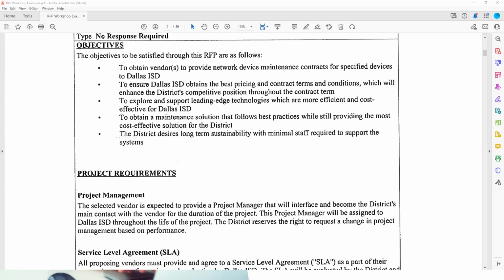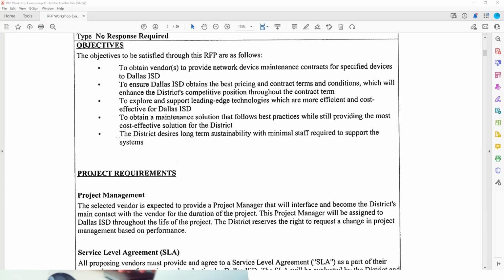Because the core of Dallas ISD is to support and educate students. That's the core of Dallas ISD beyond anything else. So keep that in mind. They're telling you, hey, we want to be the leading edge, right? So to obtain a maintenance solution that follows best practices while still providing the most cost-effective solution for the district.